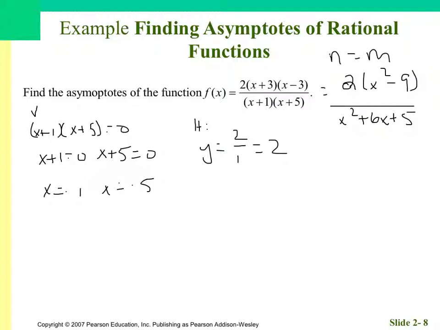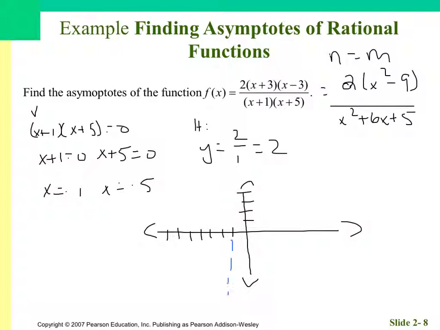So we know our graph is going to look something like this. So go to -1, go to 1, 2, 3, 4, -5, and 2.